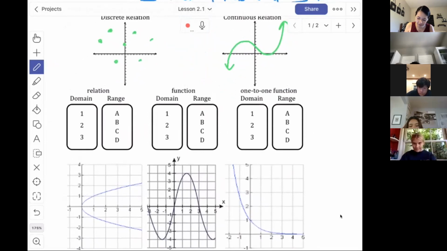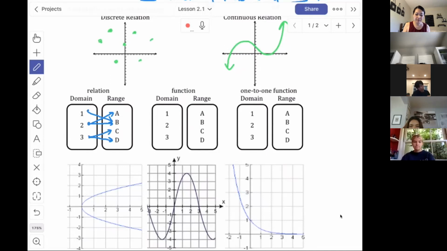So for example, let's say 1 goes to B, 2 to A, 2 to B, 3 to C, and 3 to D. So that is a relation.